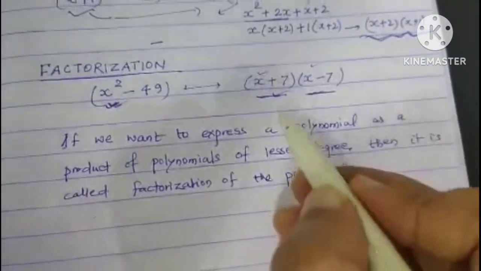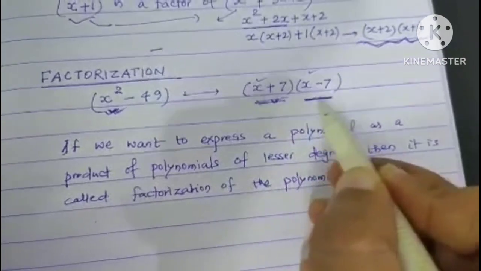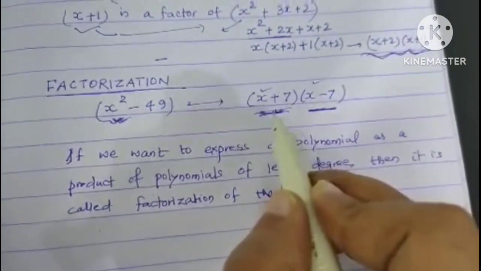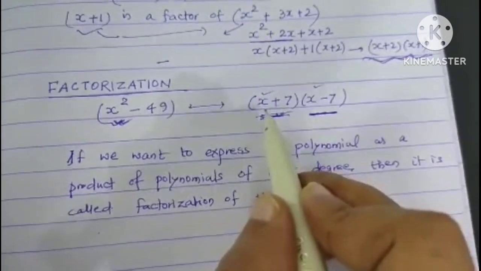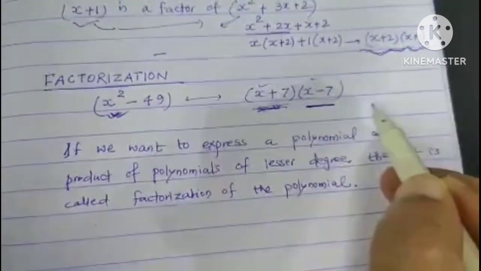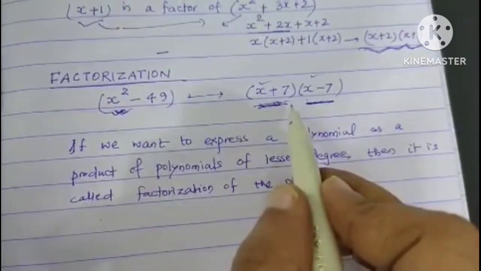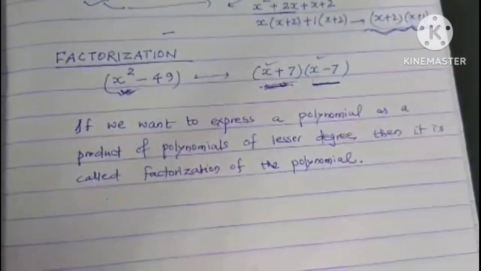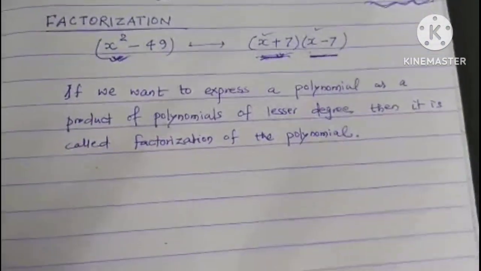But these factors should not have more factors. This means they should be of the lowest degree. Otherwise, if you can reduce these factors again into factors, then this will not be correct. So you will have to reduce into smaller factors. That is called the factorization.